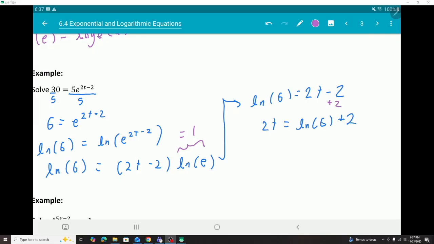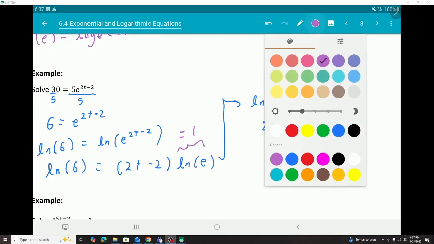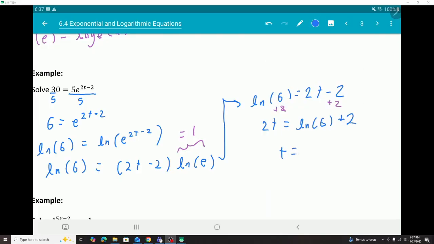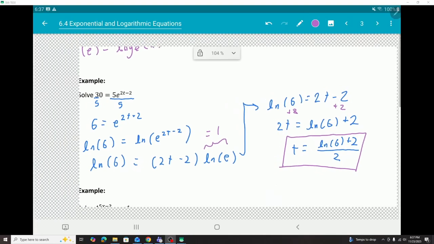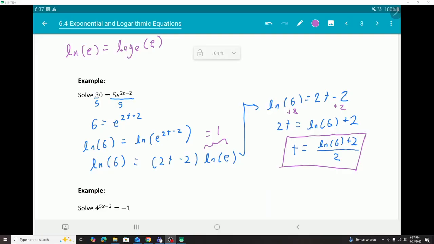And then I round it all out with t equals natural log of 6 plus 2, divided by 2. And there's no simplification I can do there, because natural log of 6 isn't divisible by 2. It's not even a rational number. So that's the best that I can do there.